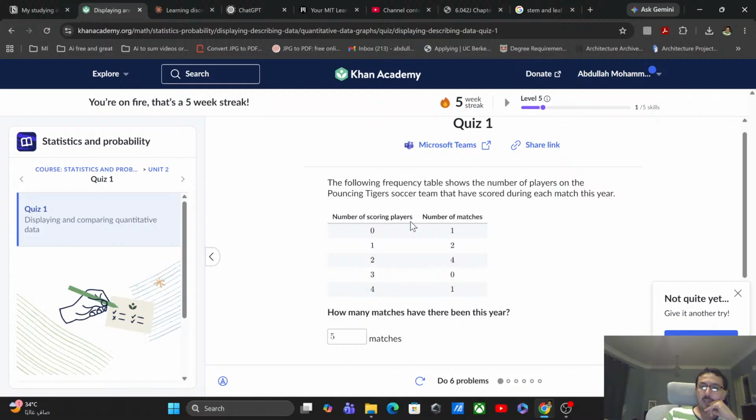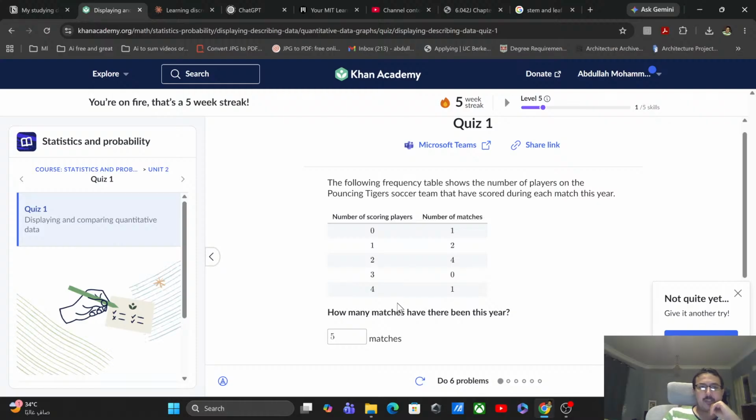Number of scoring players. Zero scoring players, zero players. One in one match, four matches in one match. So how is this possible? This doesn't give us how many matches.